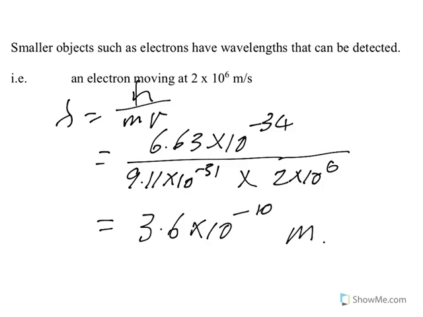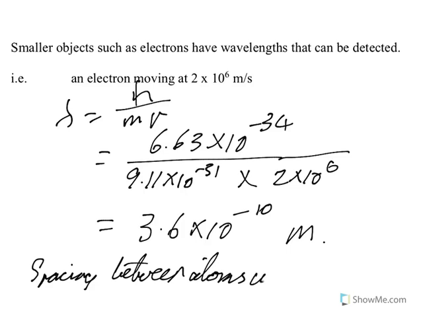You might think, that's pretty small too, but it just so happens the spacing between atoms in a crystal structure is about that. So we should be able to observe something. That leads us to electrons as waves, if that's what the prediction says.